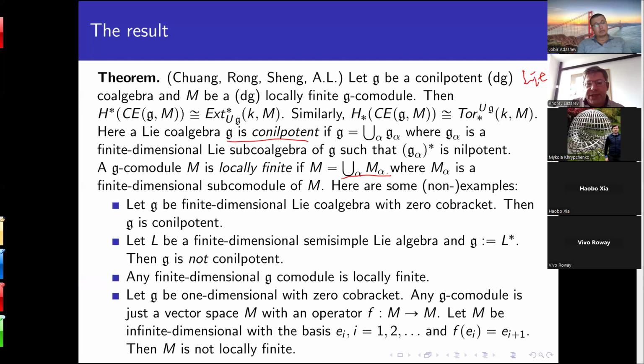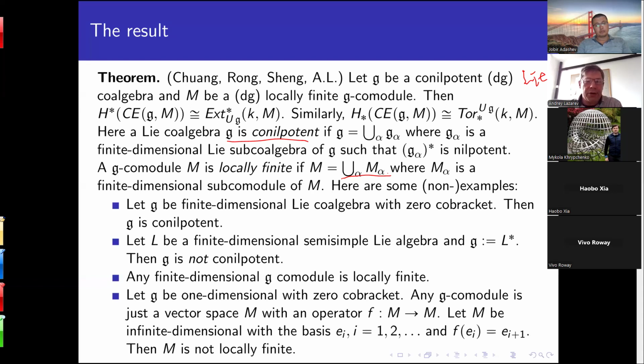So let me give you some examples which illustrate not the theorem, but the notions of conilpotent Lie coalgebras and locally finite comodules. Well, the simplest, almost trivial example of a conilpotent Lie coalgebra is a finite dimensional Lie coalgebra with a zero cobracket, or an abelian one.